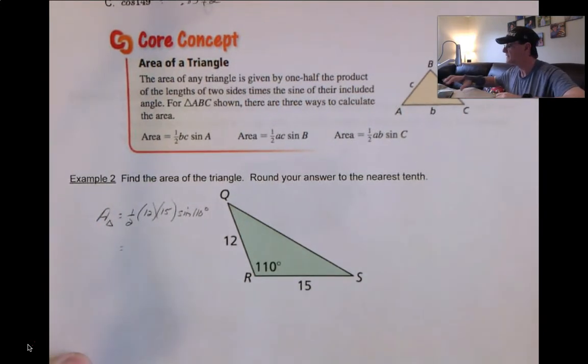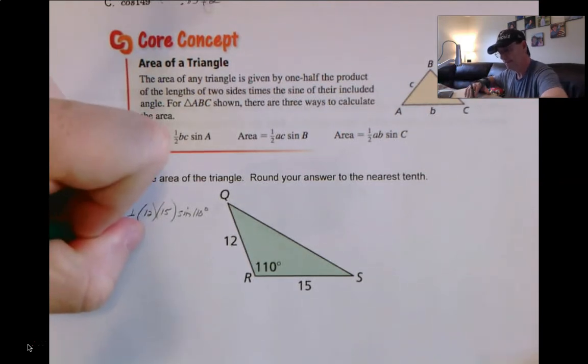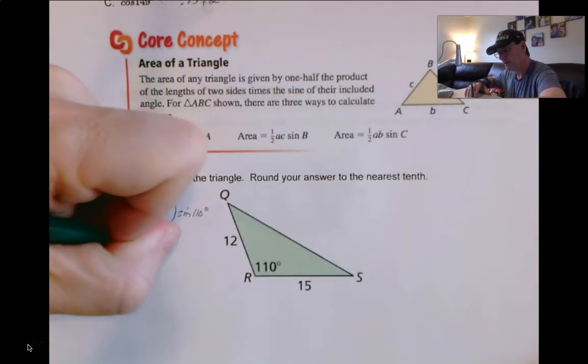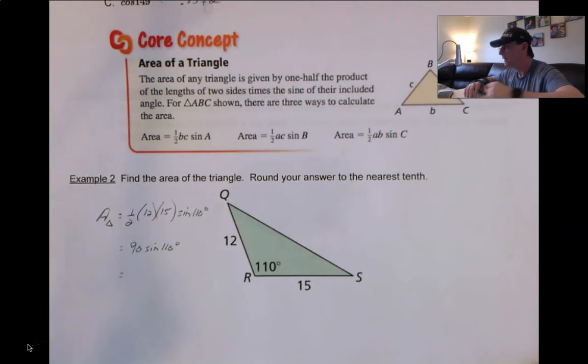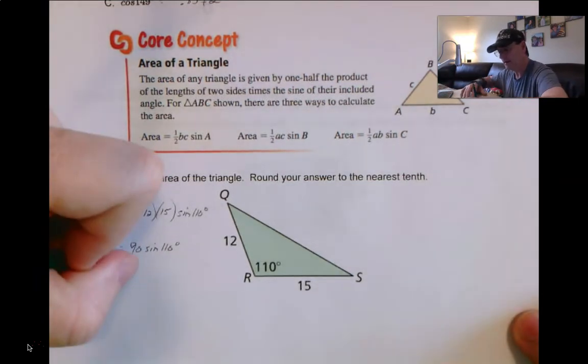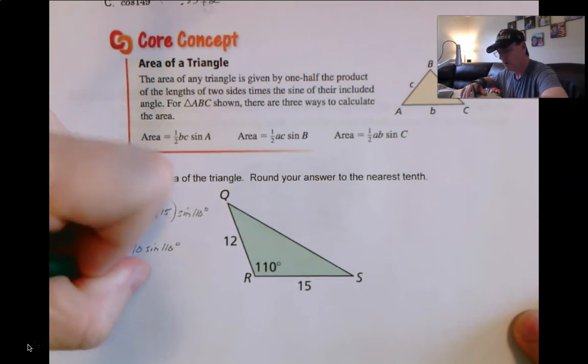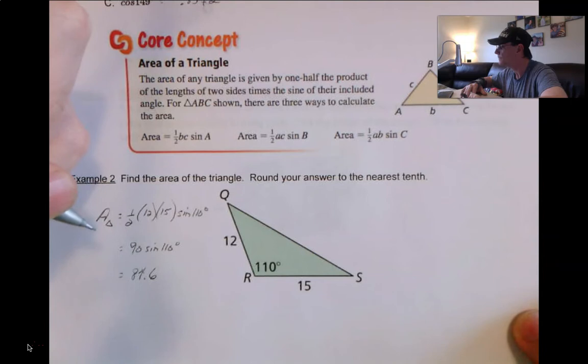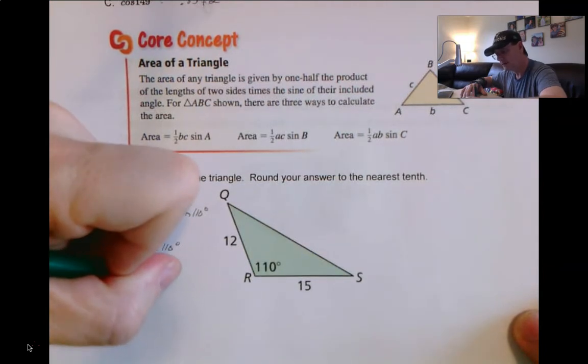Half of 12 is 6. 6 times 15, because it's 90. Sine 110 degrees. And 90 times sine of 110 gives us 84, rounded to the nearest tenth, 84.6 units squared.